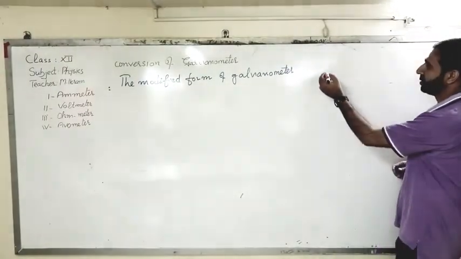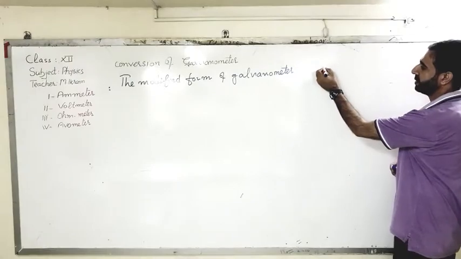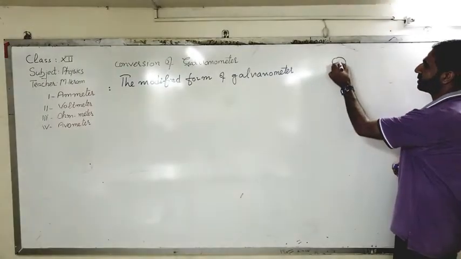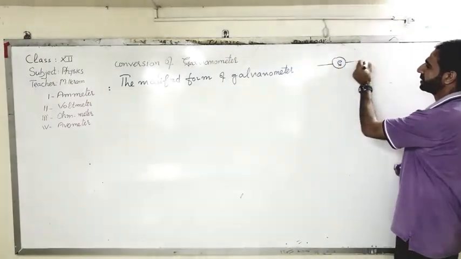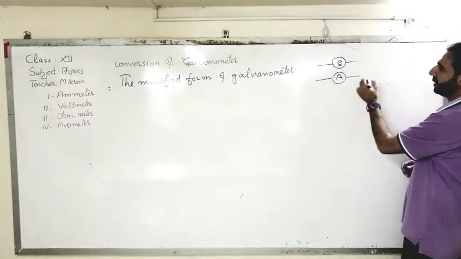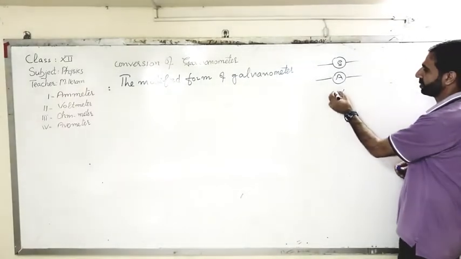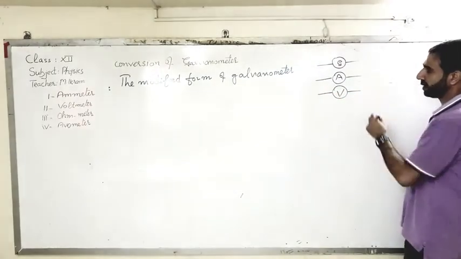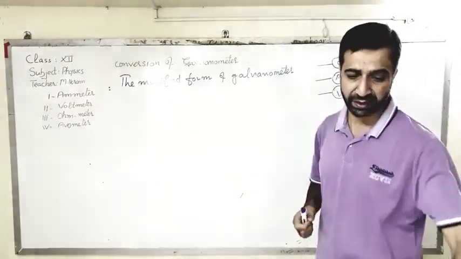So the symbol for the galvanometer is this, this is the galvanometer, this is the ammeter, and this will be our voltmeter, right?